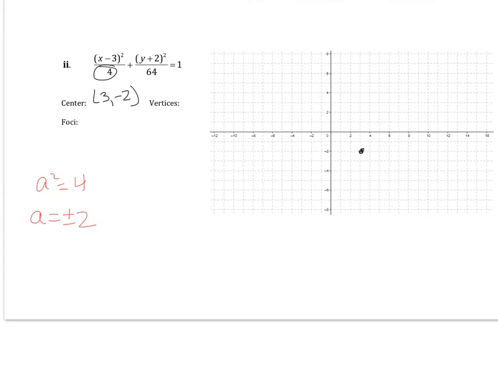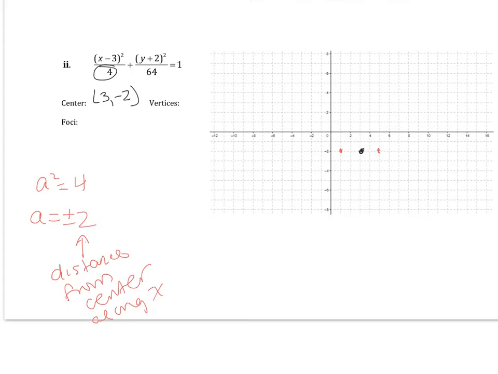Plus or minus 2 is telling us how far we're moving from the center, right? So this is distance from center, and this is again along x, along the x-axis because it's underneath the x. So we're going 2 units from the center along the x-axis to the right and to the left.